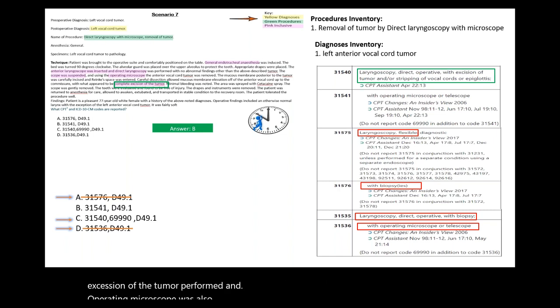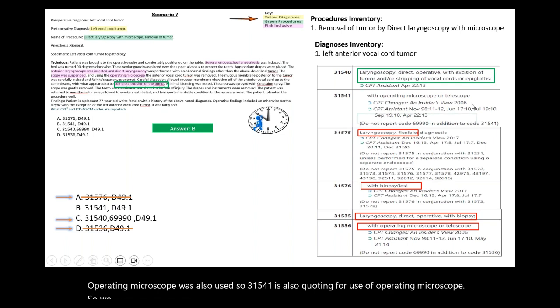So 31541 also covers use of the operating microscope. We have a specific code in option B, 31541, and that is why option B is the correct answer.